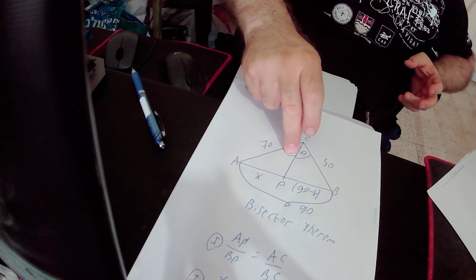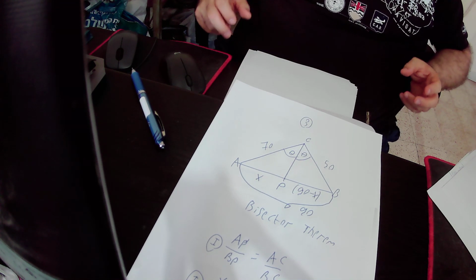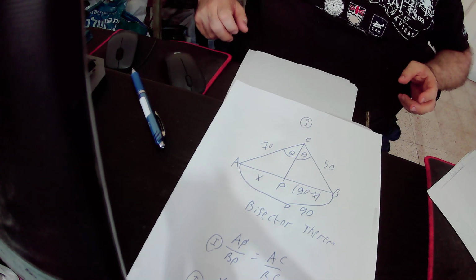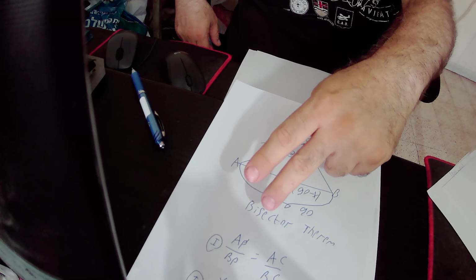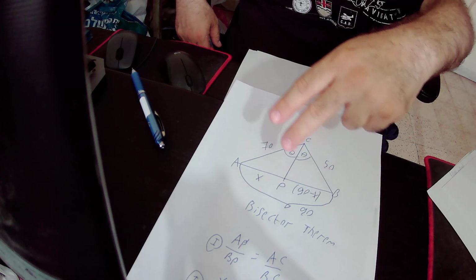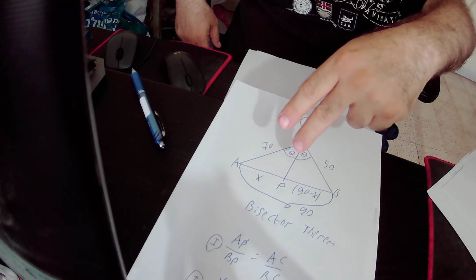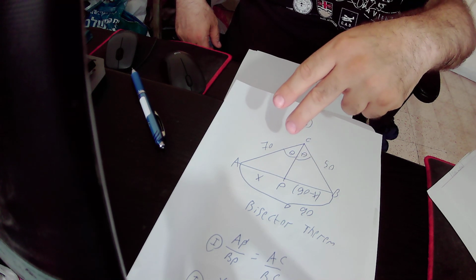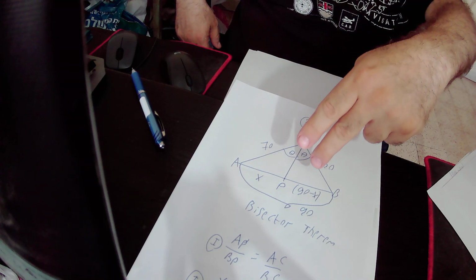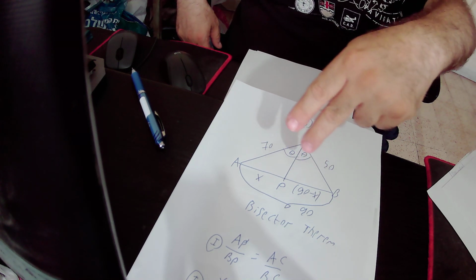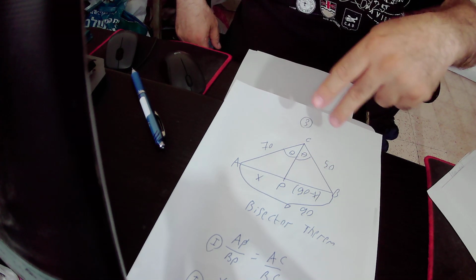This angle equals this angle, and according to the angle bisector theorem, the following relation is true for the sides: AP divided by BP equals AC over BC.